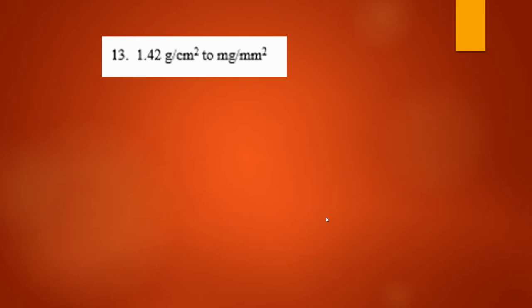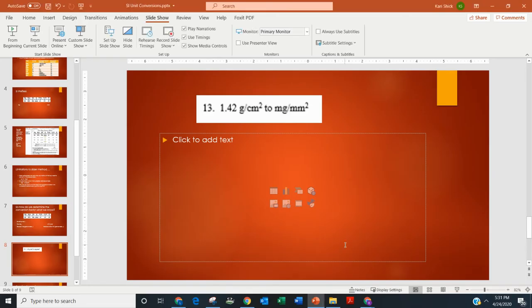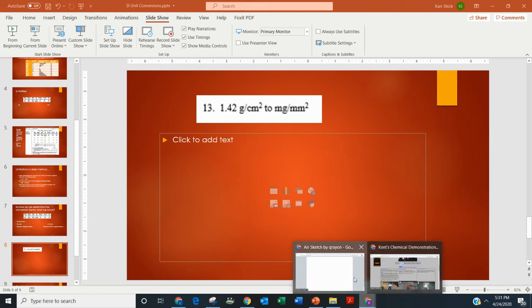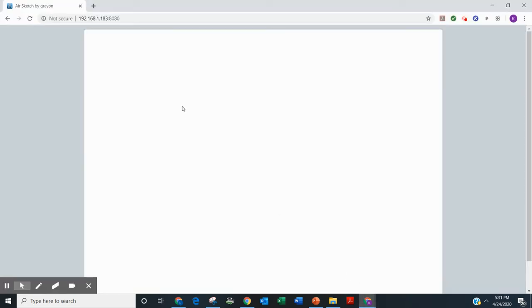So let's do this example, 1.42 grams per centimeter squared to milligrams per millimeter squared. So I'm going to go back to my little drawing here. I've got to take grams and milligrams.